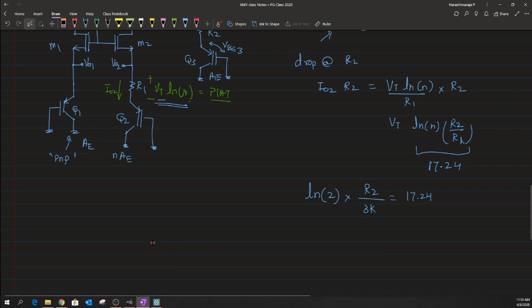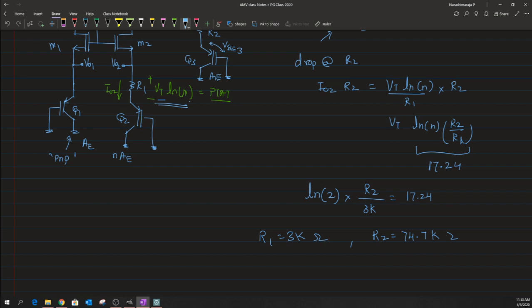After doing all this manipulation, you would end up with a result of 74.7 kilo ohm. So we got the value of R1 to be 3 kilo ohm, and the value of R2 to be 74.7 kilo ohm.